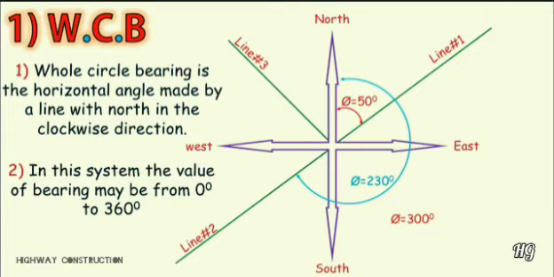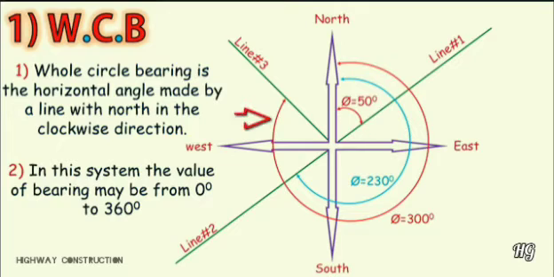Also let's take another example of line number 3. What should be its whole circle bearing? We'll take this from the north clockwise toward the line, just like in this form. And this is approximately 300 degrees. Because one quadrant is 90 degrees, it's covering 3 quadrants, which is 270.